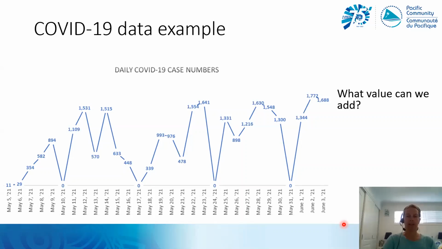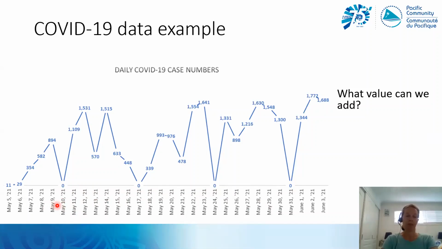So what value can we add as an analyst? I'm guessing you've already noticed that there's a lot of variation, and we can look at that graph and it's not immediately clear whether things are increasing or decreasing, or what's happening over time. Immediately obvious are these regular days where there's 0 cases, what we call donut days.